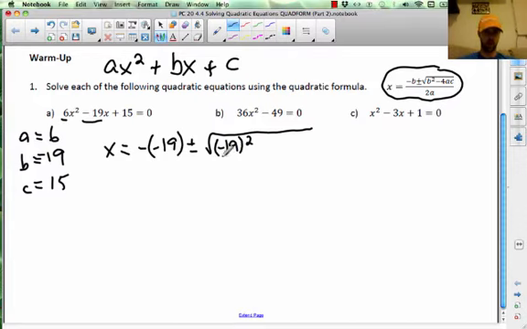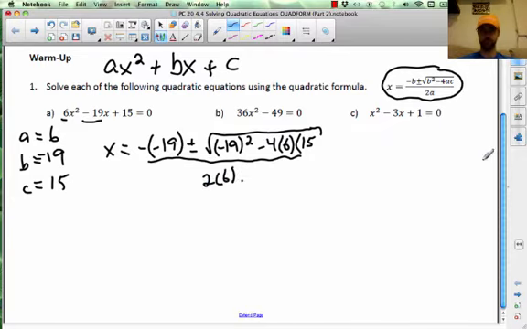So this will always end up positive. B squared will never be negative, ever. And then minus 4 times A, which is 6, times C, which is 15, all over 2 times A, which is 2 times 6.